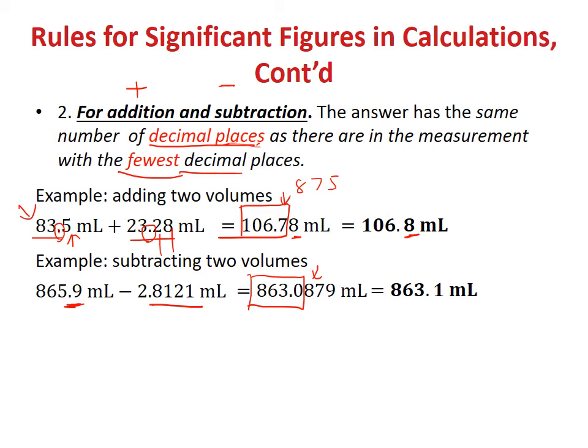So remember, for plus and minus, you look at the measurement with the fewest decimal places. If it's multiplication or division, then the significant figures should be the same as the fewest significant figures in the measurements.